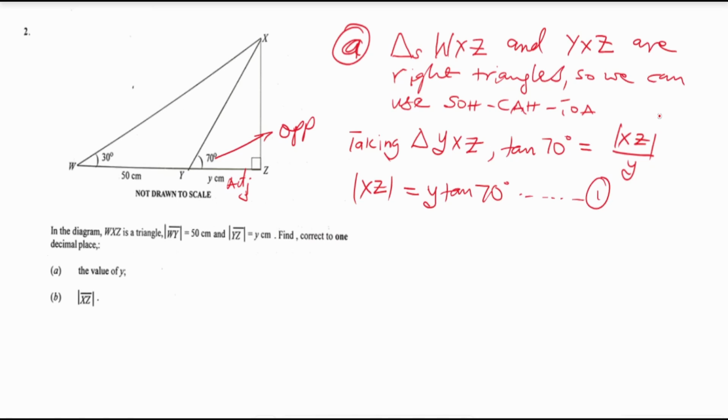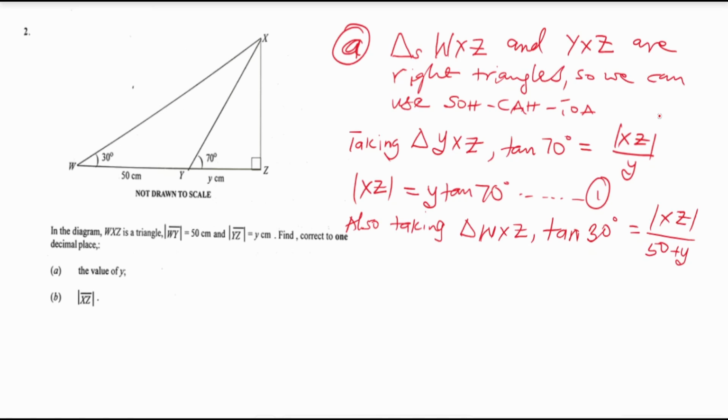Now we are going to take the bigger right triangle, which is triangle WXZ. It is the bigger one, so we are taking it as if this side was not there. Again, we are interested in this side, which is the opposite, and the whole of the base, which is the adjacent.